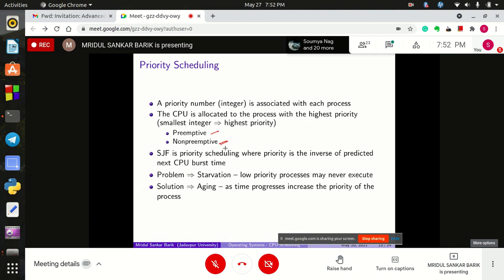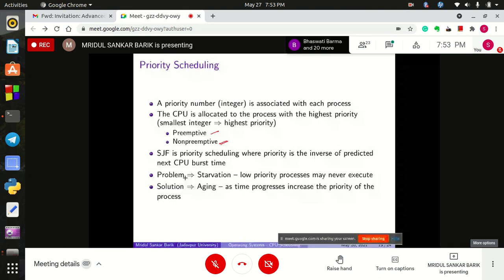Shortest job first is a kind of priority scheduling where we can consider that the priority of a process is inversely proportional to the length of the next CPU burst. If a process's CPU burst length is short, its priority would be high, or the process with the shortest next CPU burst length will have the highest priority. So we can consider SJF as a kind of priority scheduling strategy.